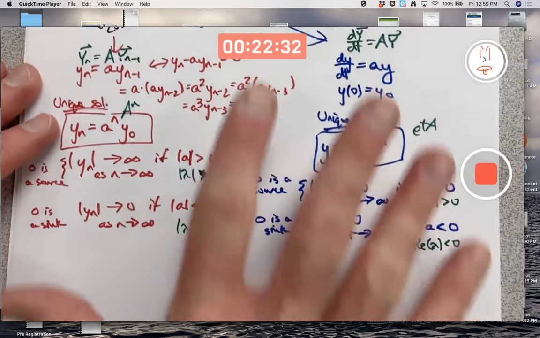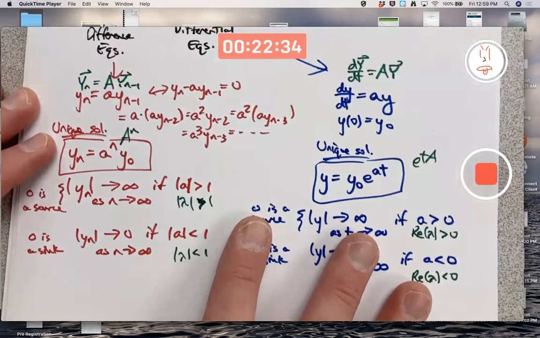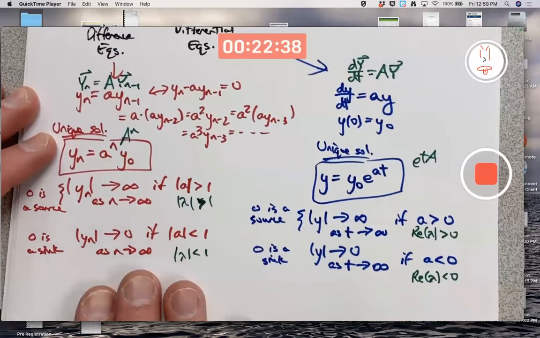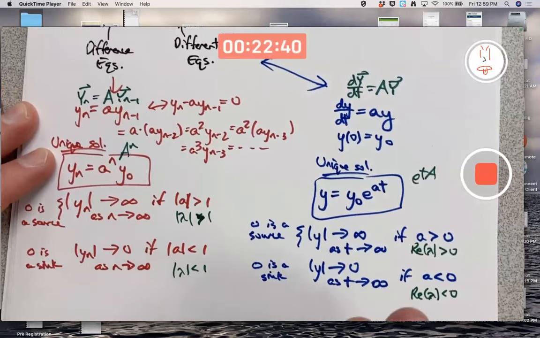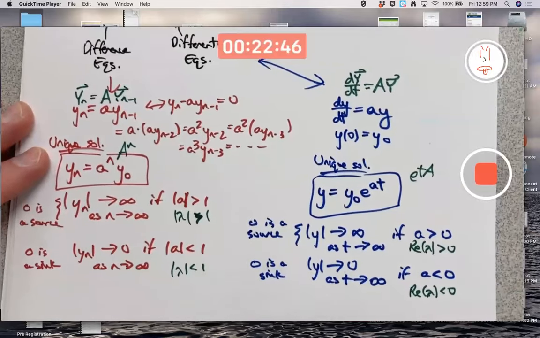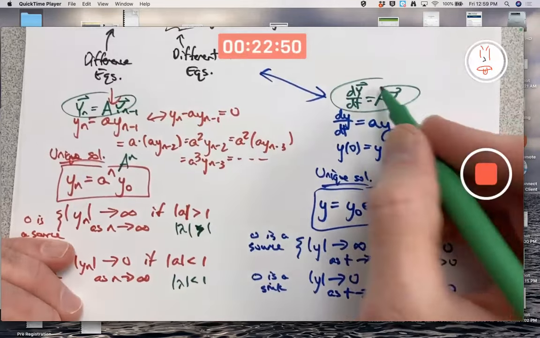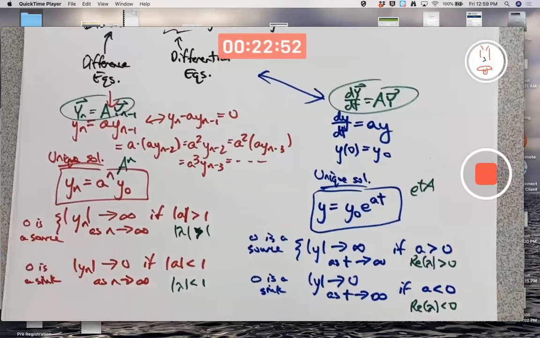Okay, so that's a quick summary of the main connections between discrete dynamical systems, difference equations, and continuous dynamical systems, differential equations. In the systems case, both for difference equations and differential equations, with n-dimensional vectors and n by n matrices, we also had the theory about diagonalization.